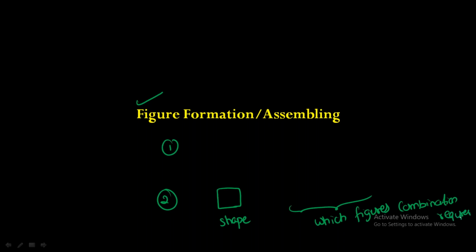Or they'll give different figures, and if you combine them, which shape will be obtained? Or the reverse: the shape is given, and which figures combination is required to get this shape? Those are the two different types of questions.